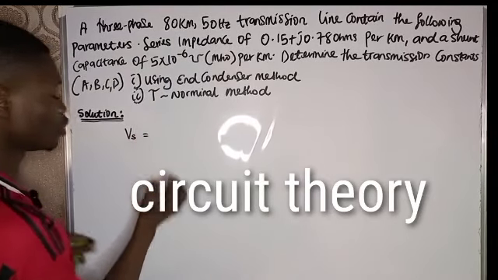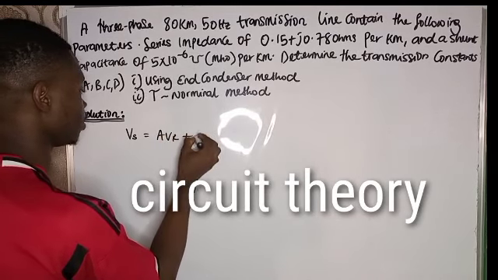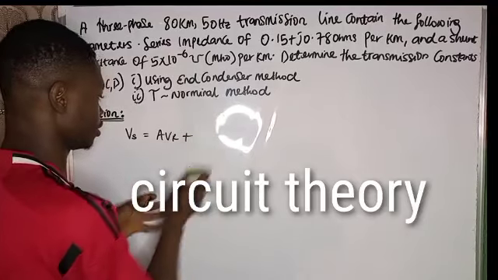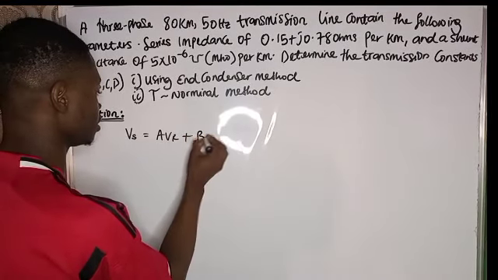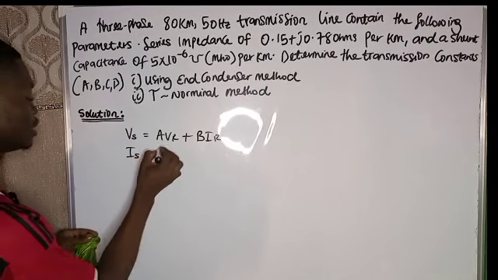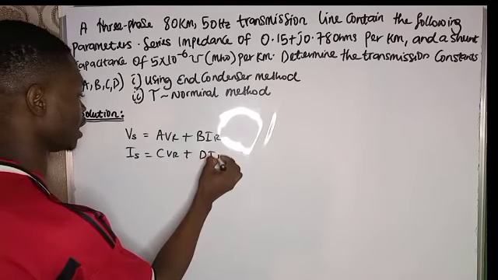So we have Vs, which is equals to A VR plus B IR. We have another one, IS is equals to CVR plus DIR.